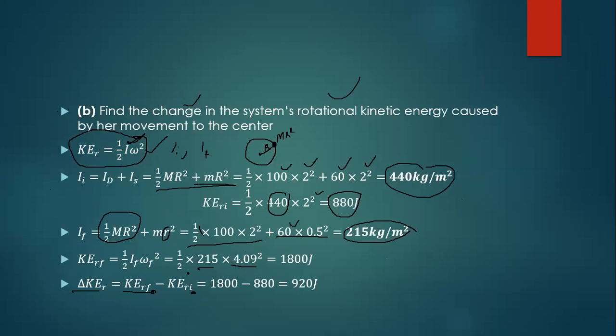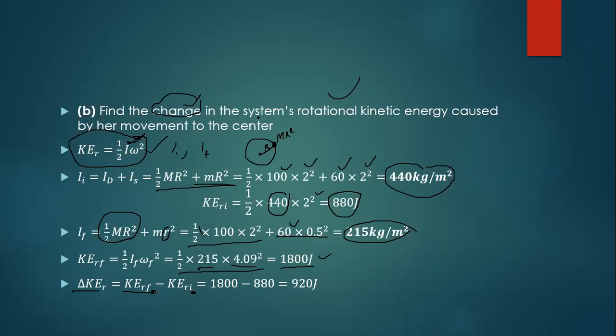After computing one half times 215, which we have found, times 4.09 squared, the kinetic energy is now 1800 joules.